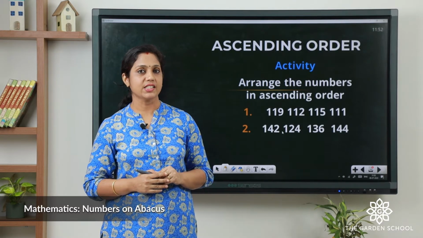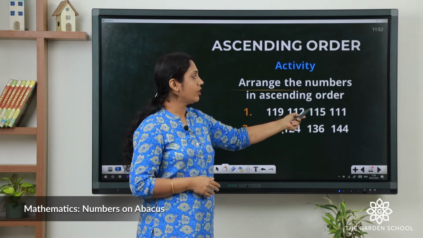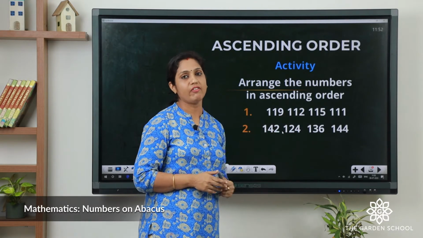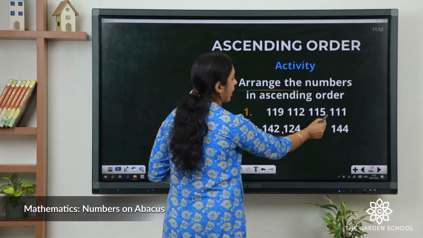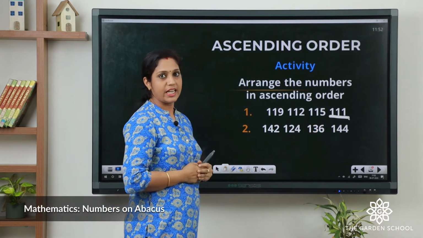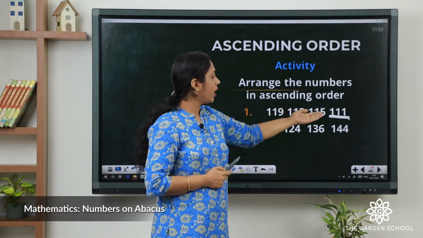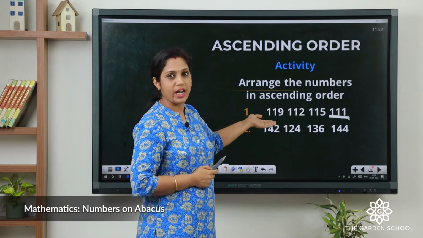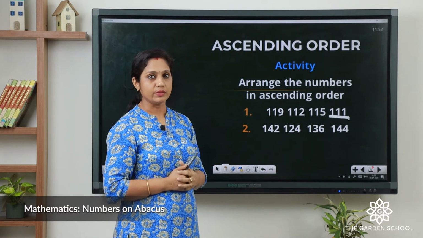Now let's check the answers. Here 119, 112, 115 and 111. Which is the smallest number? It is 111. After that it is 112 and then 115 and 119. So this is how we arrange the numbers in ascending order.